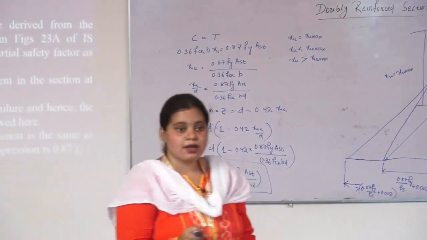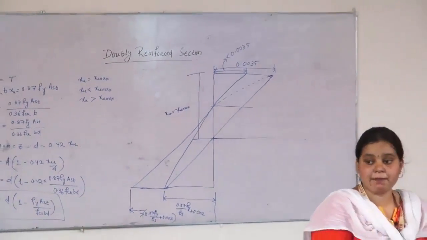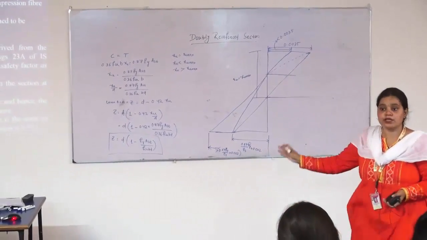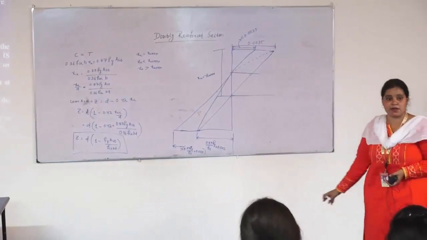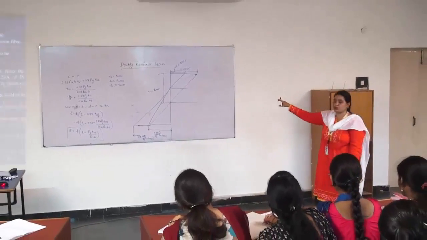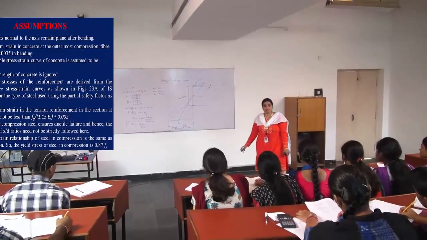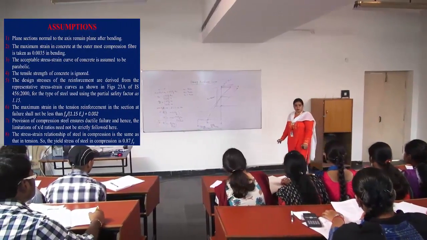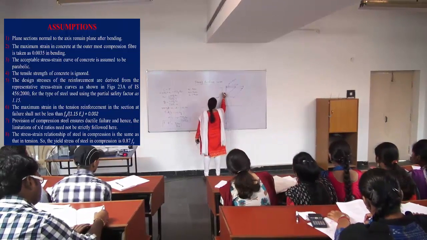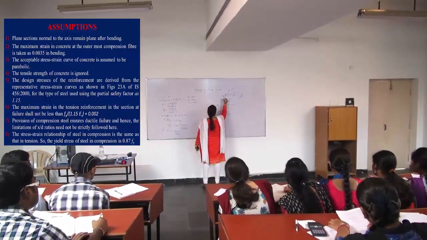Which condition? When the concrete has extreme strain of 0.0035 at the top fiber and the tensile strain is more than 0.87 Fy by ES plus 0.002, or if the strain in concrete is less than 0.0035 and the tensile steel value is 0.87 Fy by ES plus 0.002. Now this is for XU less than XU max.